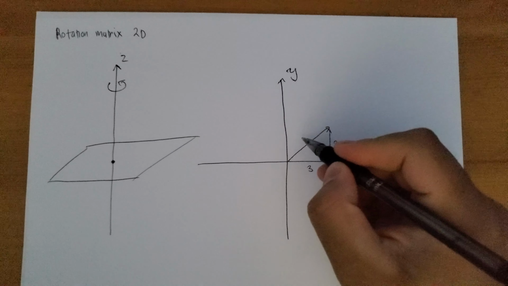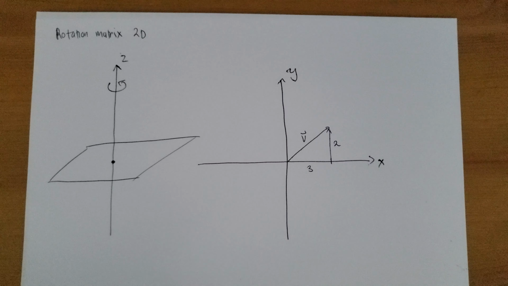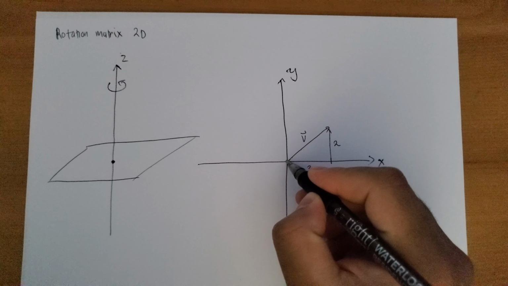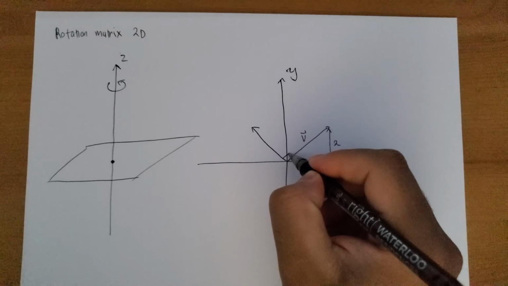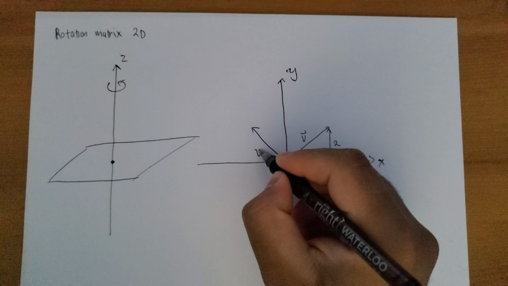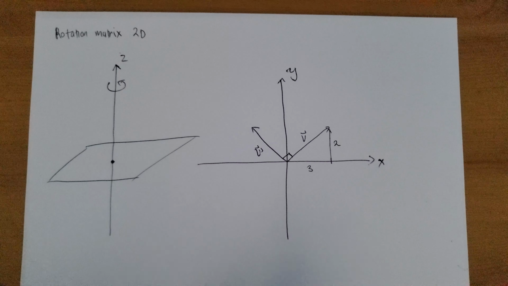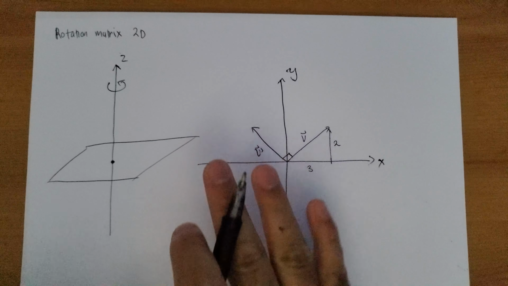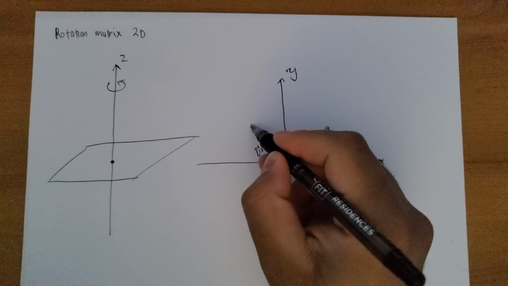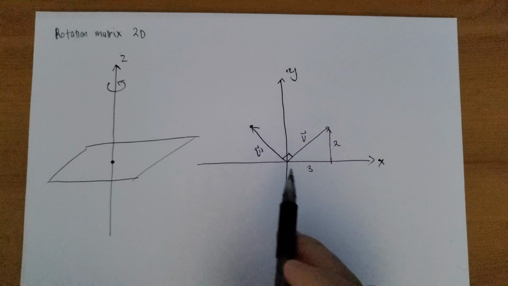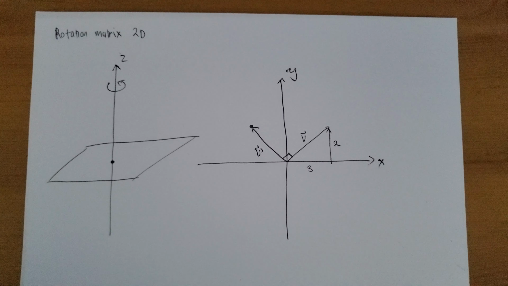And essentially, this vector v, we want to find out if we rotate it, let's say by 90 degrees, just as an example, and this new vector v prime, it will have the same magnitude because we are rotating it, we're not changing its length. But we want to know what the coordinates of this vector are. So we want to know the magnitude of its x and y direction.